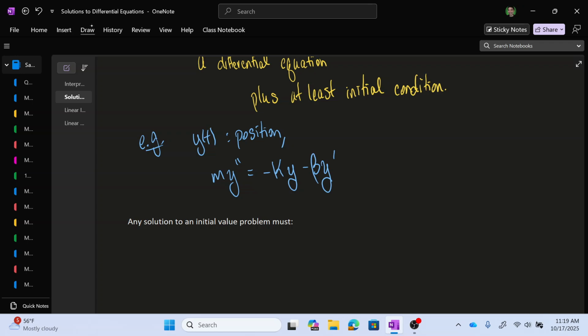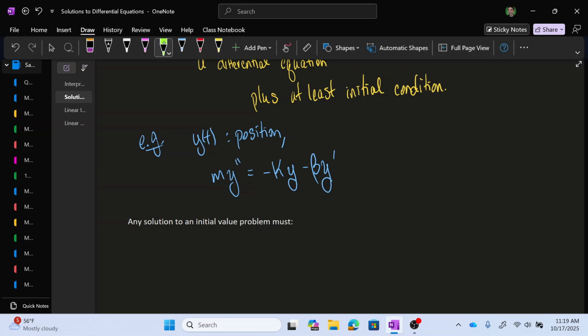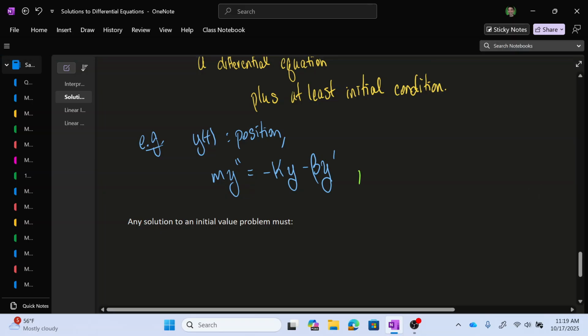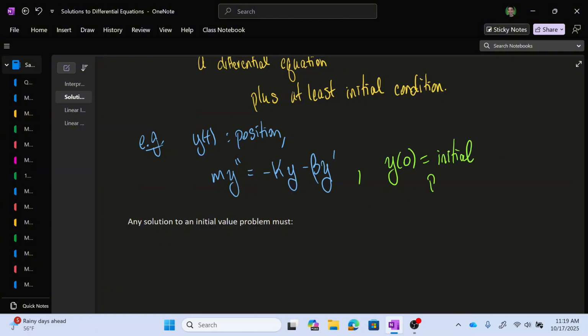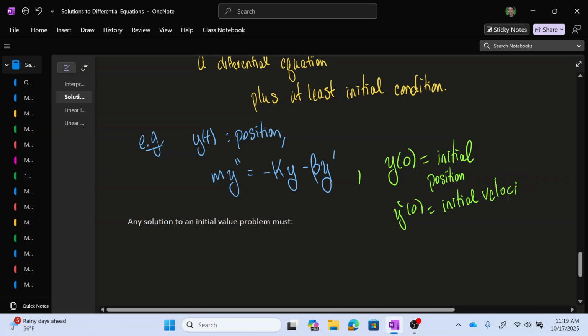Now, if you also know that your object had some specific initial position and some specific initial velocity, then you would add those initial conditions to the collection of equations that's describing what's going on in this physical situation.